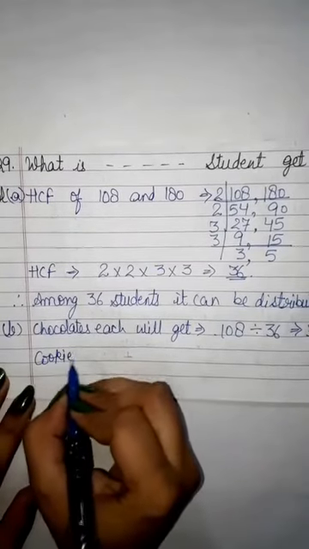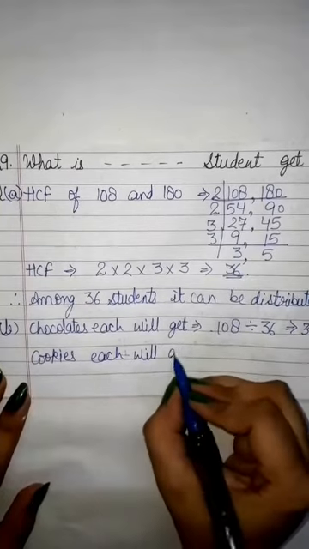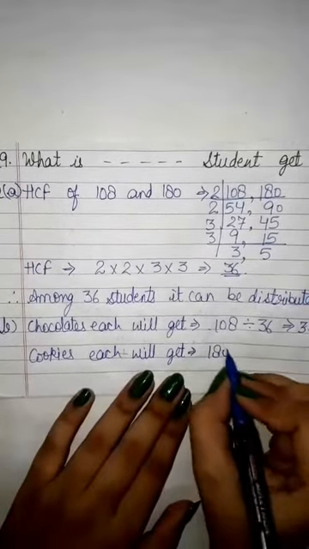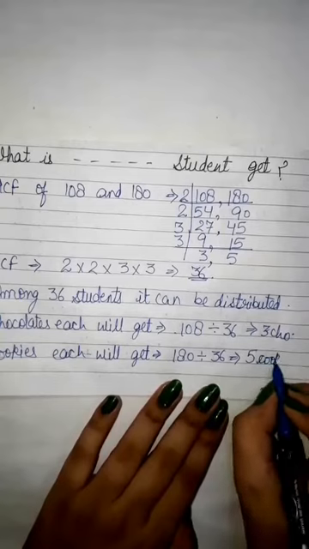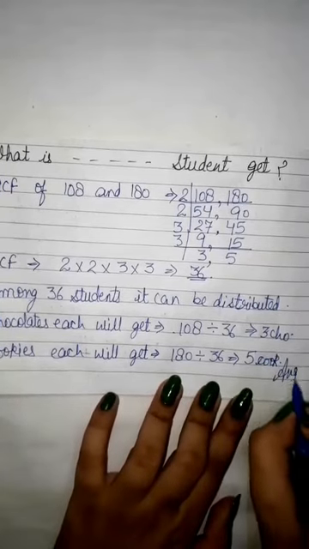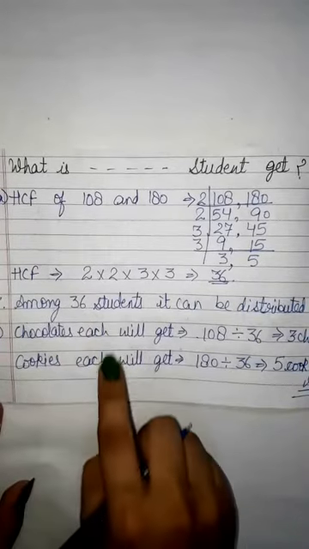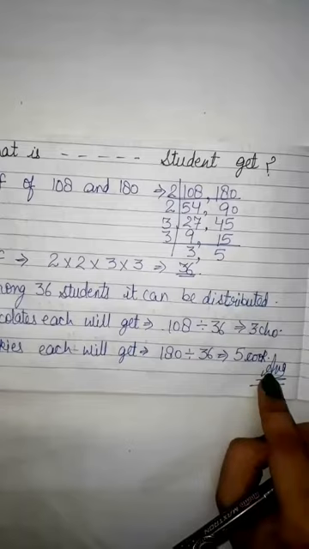Cookies, each will get, how many cookies were there? 180 divided by 36. So that means 5 cookies. So these are our answers: 36 students, and for the B part, each child will get 3 chocolates and 5 cookies.